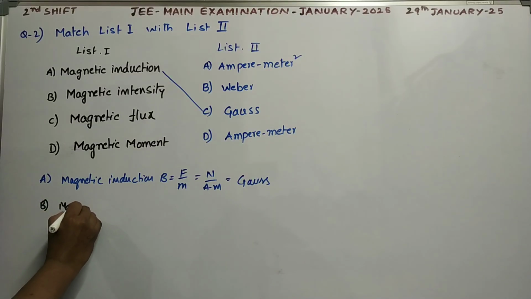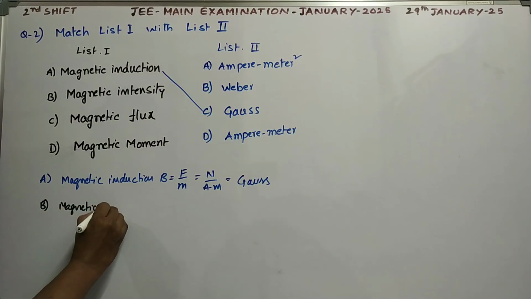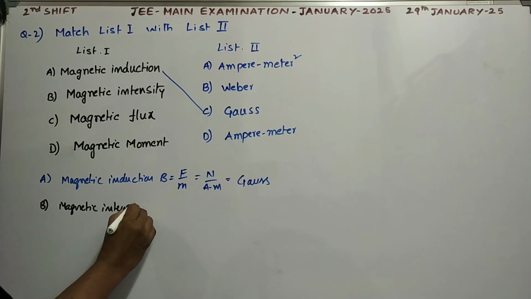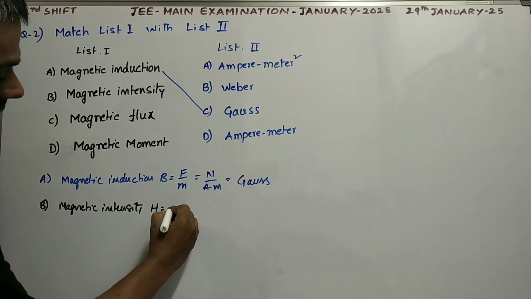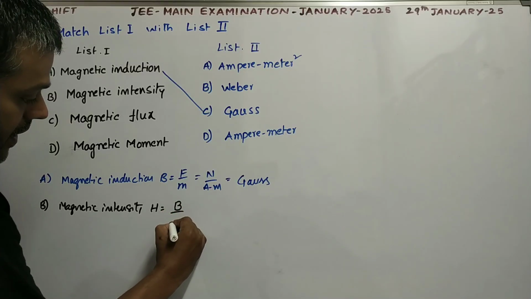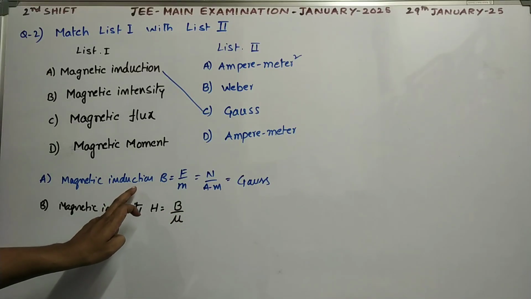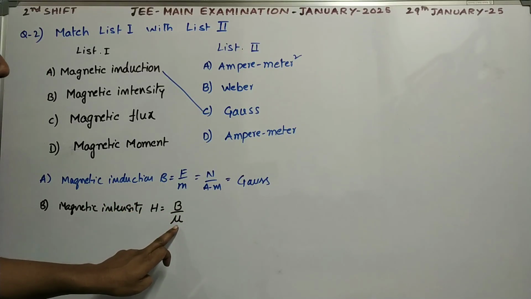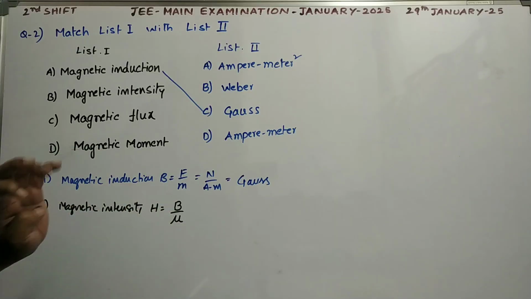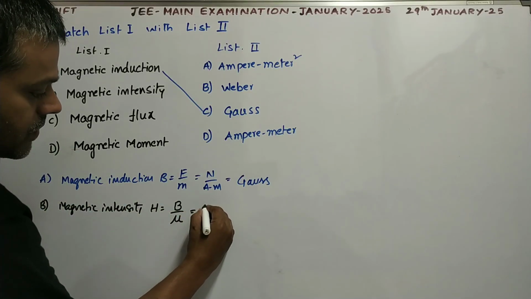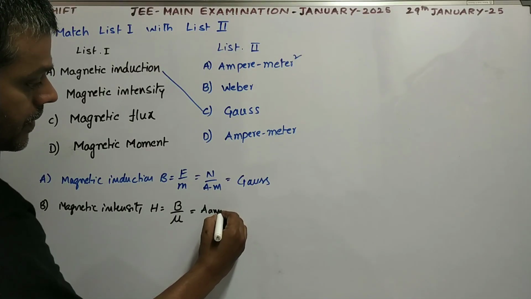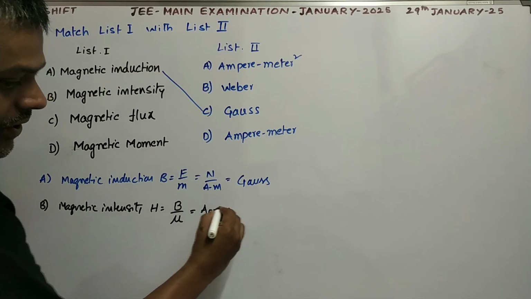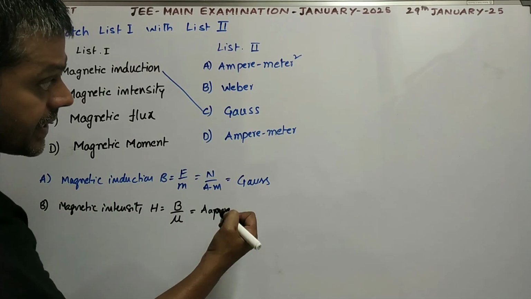Next one, magnetic intensity. Actually it is represented by H. The magnetic intensity H is equal to B by mu. That means magnetic induction per permeability, which is measured in ampere per meter.